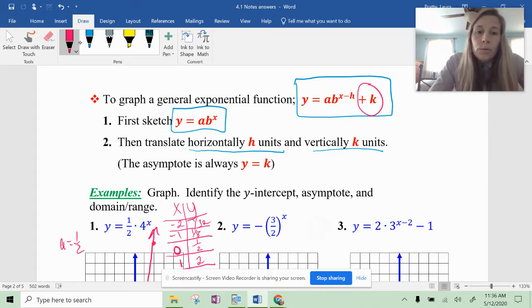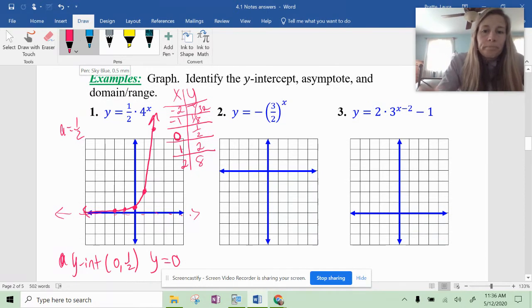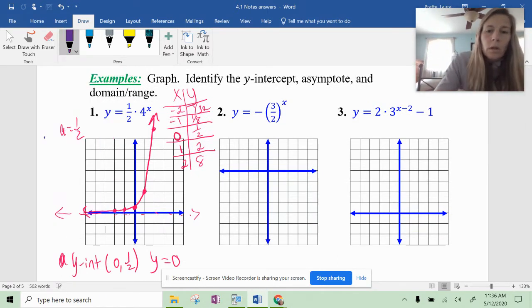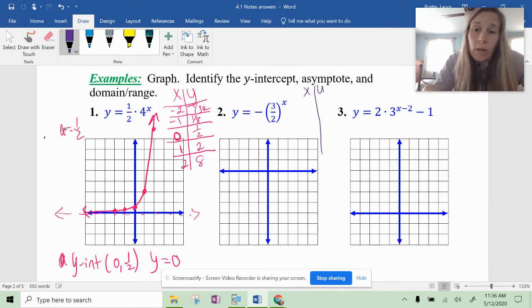Okay, so let's take a look at the next one. You can use the chart if you'd like, or your calculator to get these points here. And I'm just going to write down what I get on my chart. So I know when I put a 0 in, I'm going to get a -1.